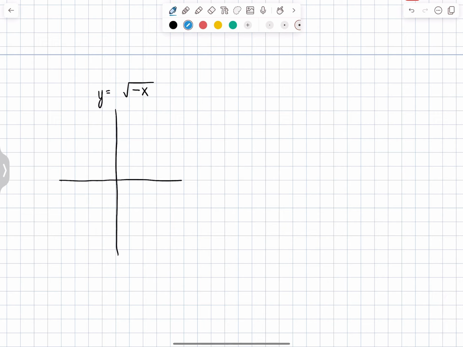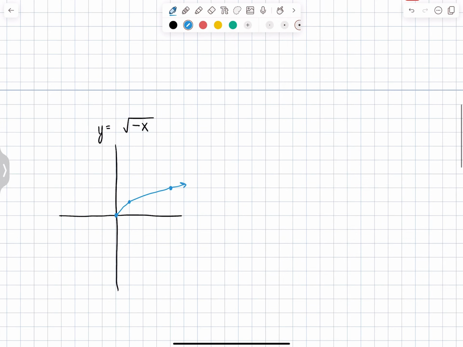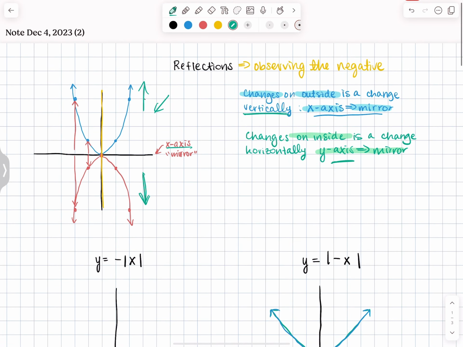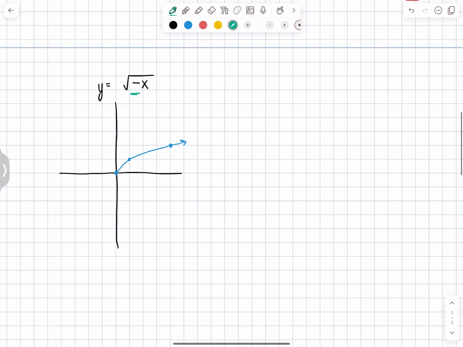Draw your parent function first. Root 1 is 1. Root 4 is 2. So it goes this way. But remember, we said that changes on the inside meant that the mirror was the y-axis. So we're going to have to reflect this way.